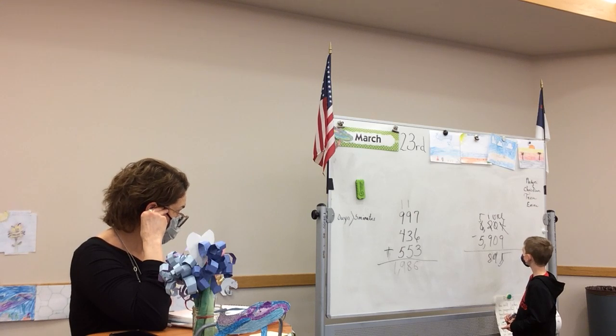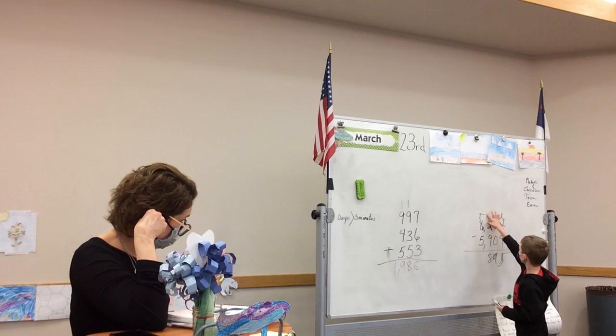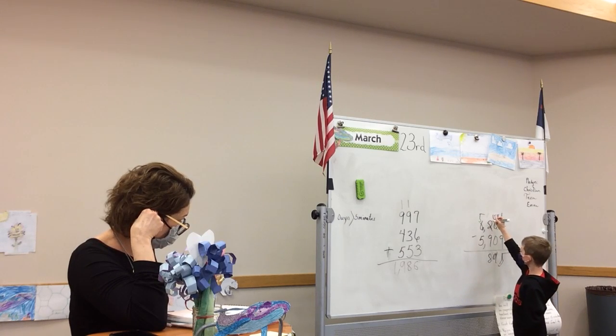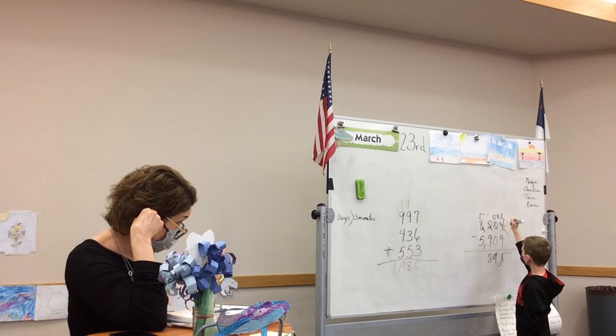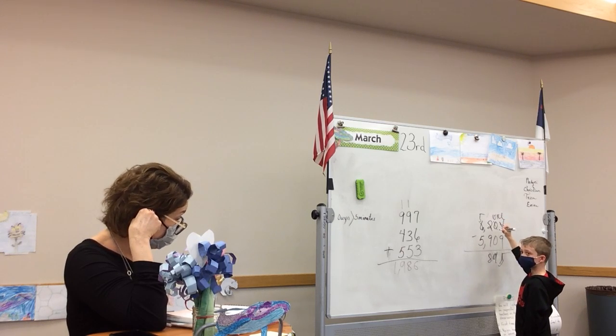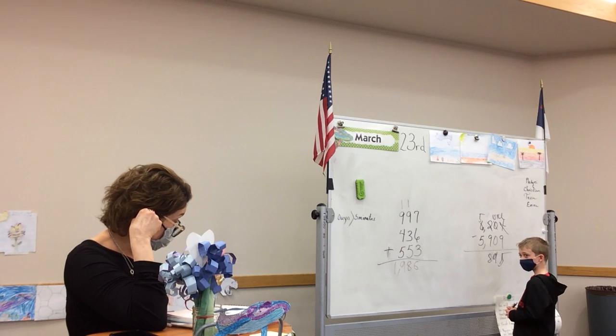So we borrowed to get the 2 because we can't subtract 2 from 9. So the 2 turns into a what? But you also had to borrow from that 2 to get your 10. So then we are at 11, correct? So what is 11 minus 9? 11 minus 9.